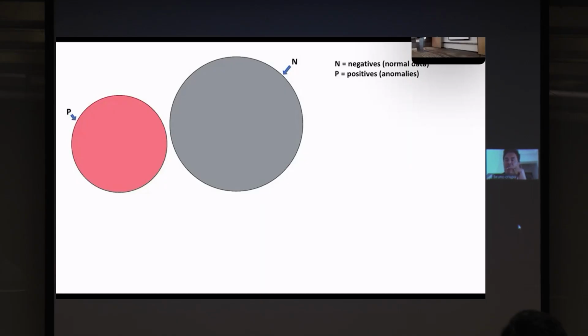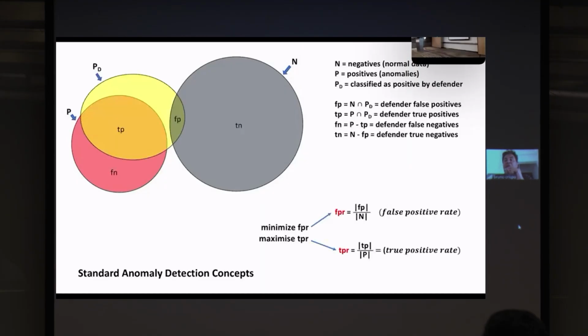So the goal of the defender is to capture these positives, and as we said, usually does it by building a classifier. The classifier is trying to capture the notion of what is an anomaly and what is normal traffic, and you will never manage in practice to get a classifier that behaves exactly as reality, but it approximates reality.